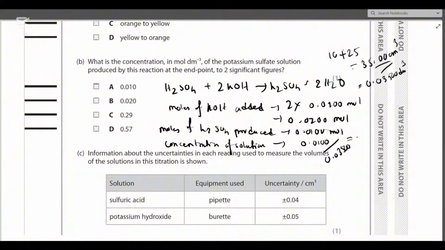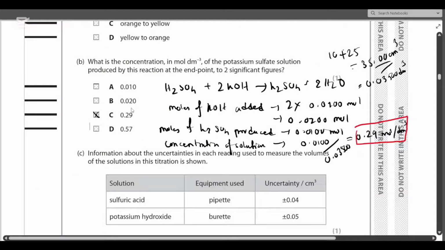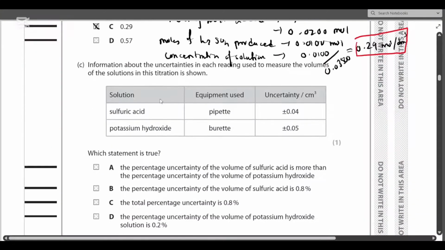So eventually you get about 0.29 mol per dm³, which is the correct answer. So our only option is C in two significant figures, since A and B are cut, and among C and D the answer is C, as shown in the calculation.